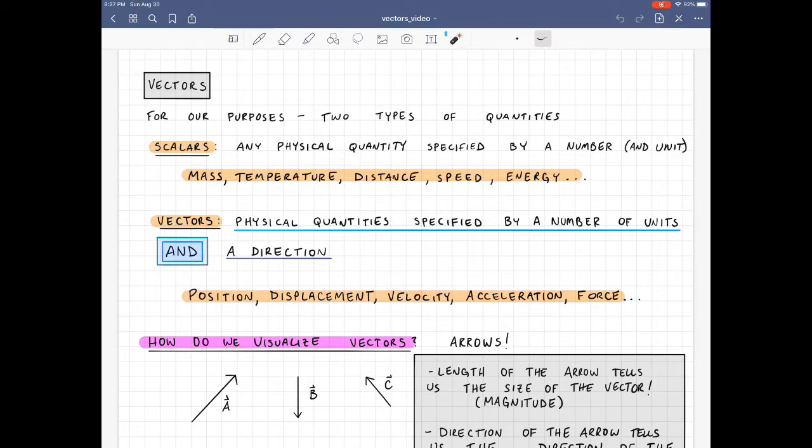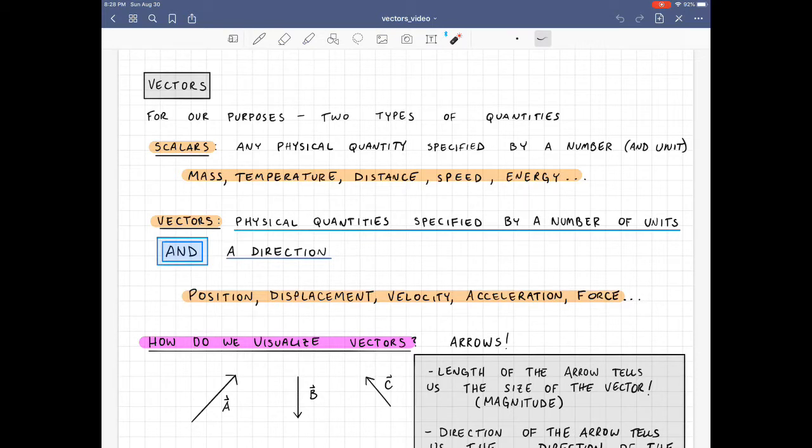Vectors are a physical quantity that is a number of units and a corresponding direction. Quantities that we're going to talk about in this course that are vectors include position, displacement, velocity, acceleration, force, momentum.